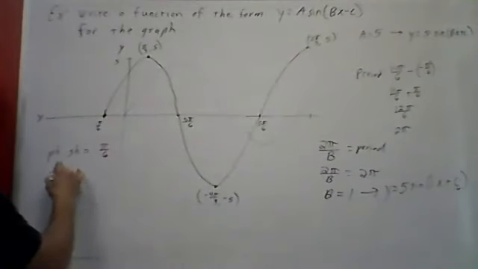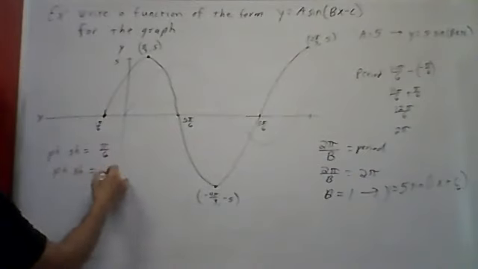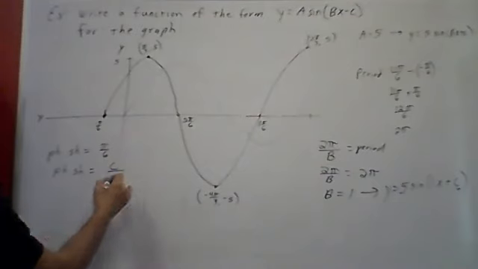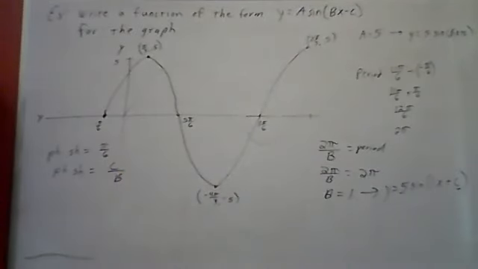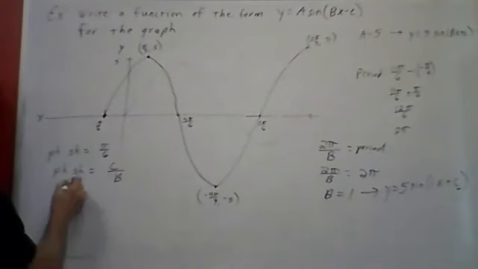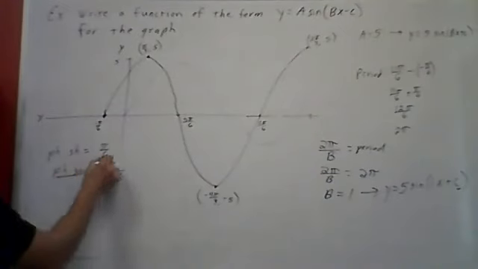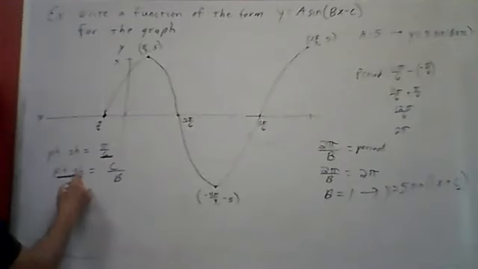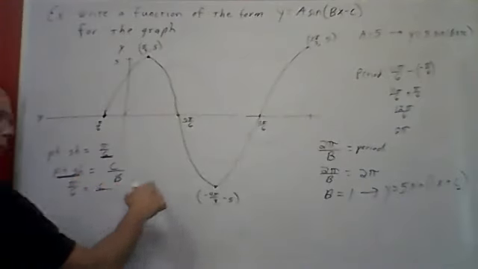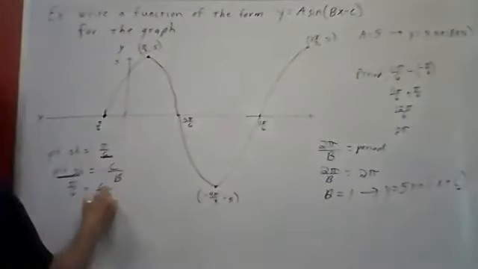But what is my phase shift given by? It's given by c over b, right? So what is the phase shift? Pi over 6. So I can replace this part with pi over 6 is equal to c over b. But we just found b to be what? 1.